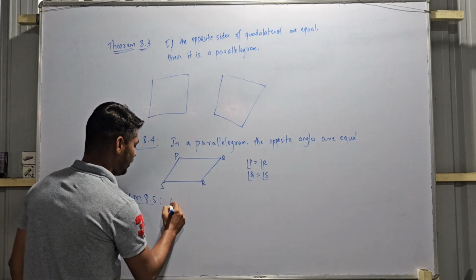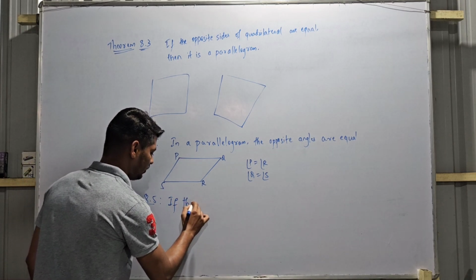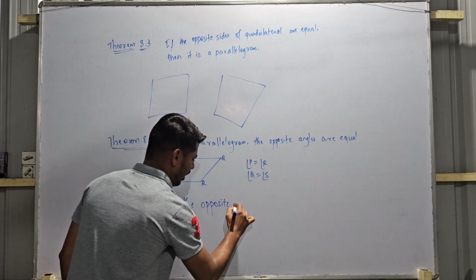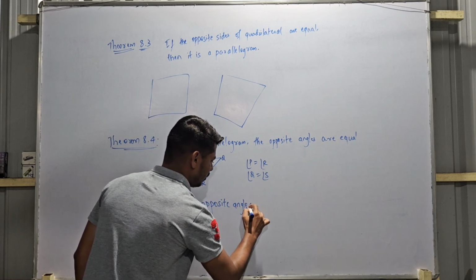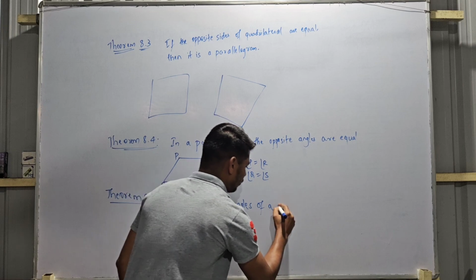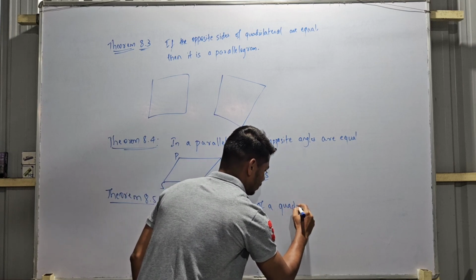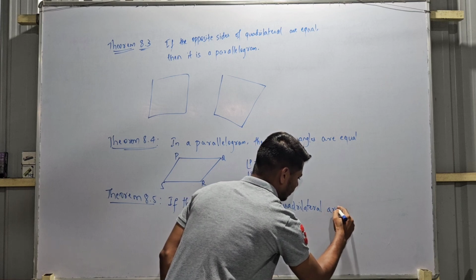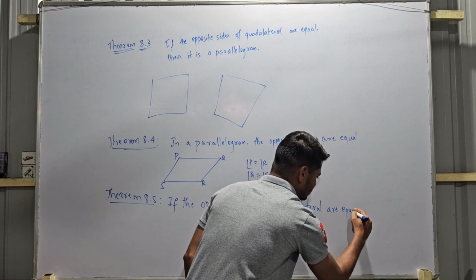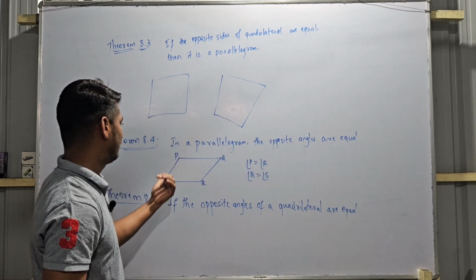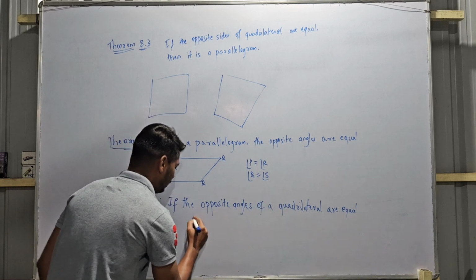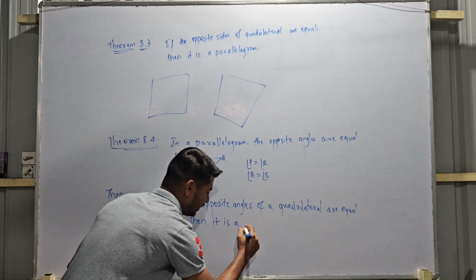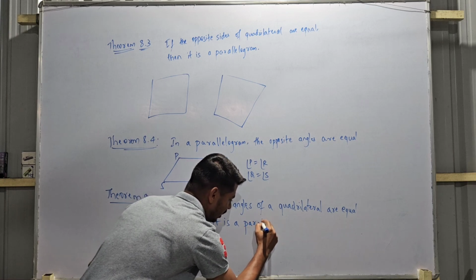That is, if the opposite angles of a quadrilateral are equal, okay students, see here, if the opposite angles of the quadrilateral are equal, then it is a parallelogram.